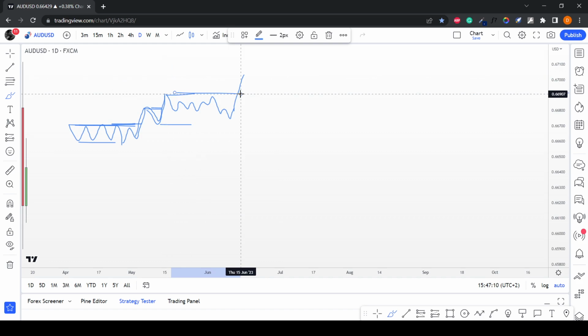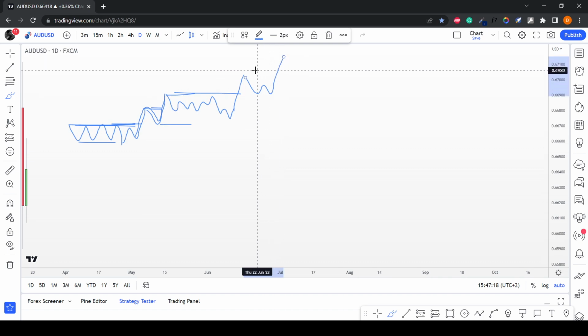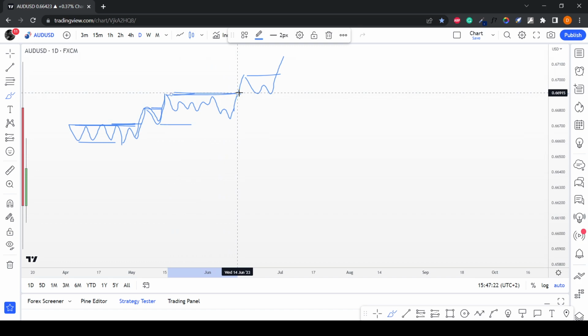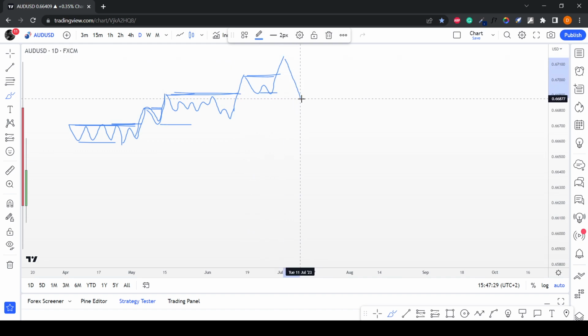But with this concept, what can we add to it? We can add this really common pattern that when you have two shifts of structure and then one shift to the downside, this market is still considered pretty bullish, relatively bullish, even with one shift of structure to the downside.